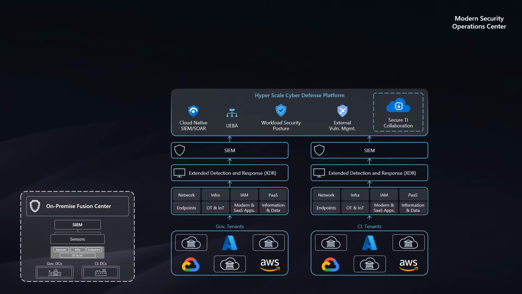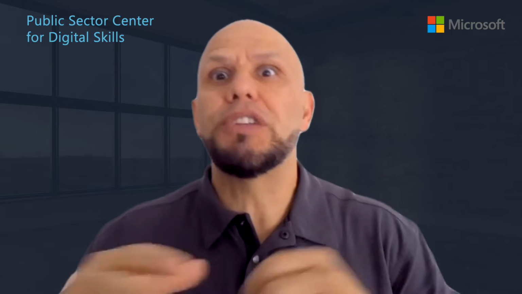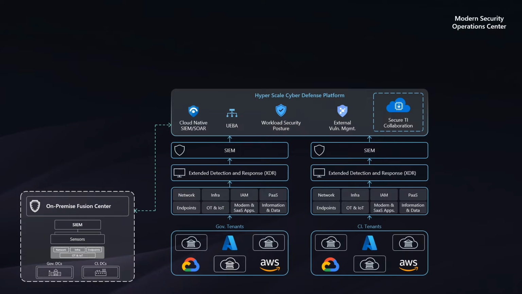And so what you see, that blue line going down, is essentially where this hyperscale cyber defense platform can integrate with and augment the capabilities of the on-prem systems you have, giving you the ability to do it at scale and deal with the volumes and sophistication of attacks that are happening. You also want to ingest third-party threat intelligence that you may have from a particular provider, and share intelligence with regional and international partners.